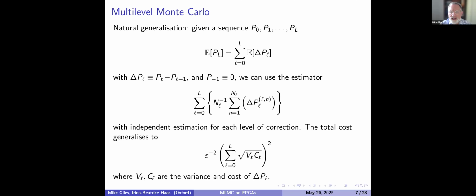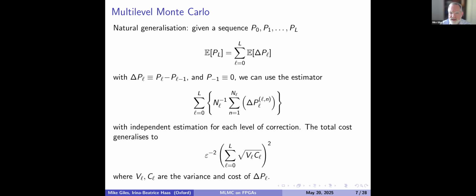And so now we can say that the expected value of P on the finest level of resolution is this telescoping sum of expected corrections, delta P, with P minus 1 being defined to be 0. So that first delta P0 is basically just P0.